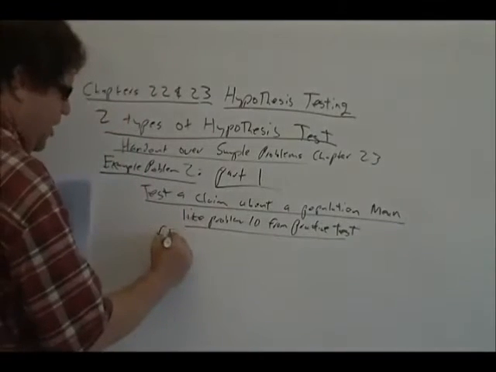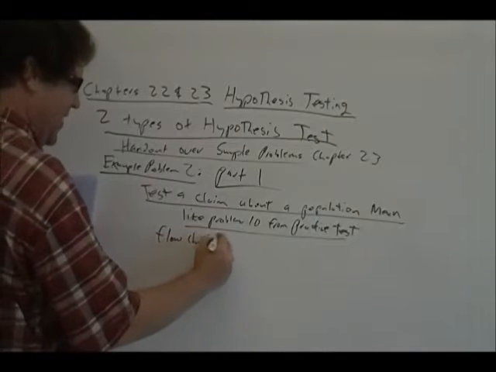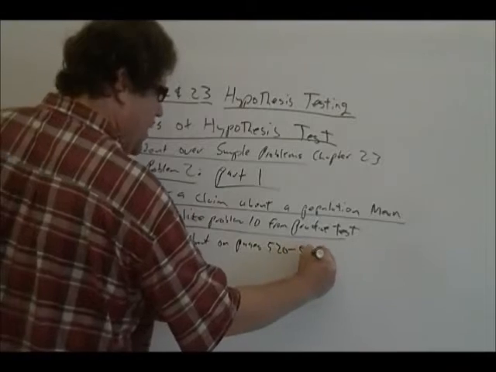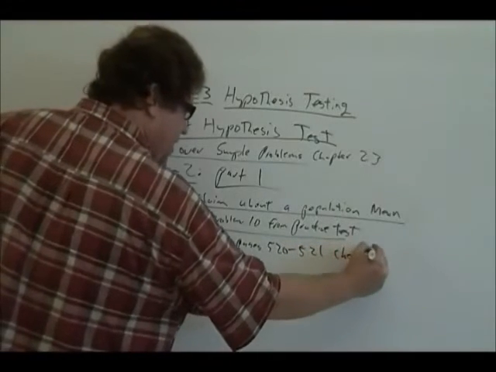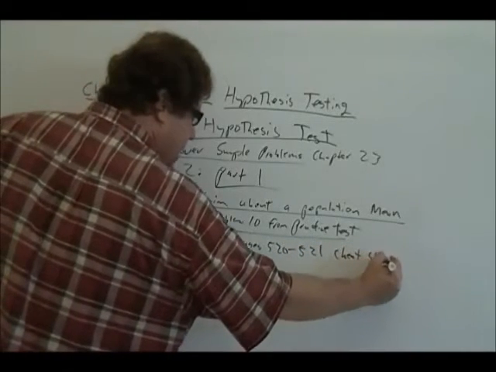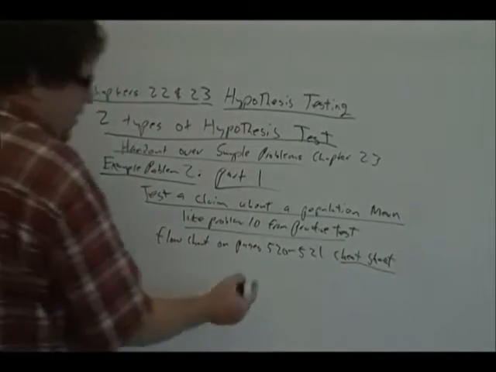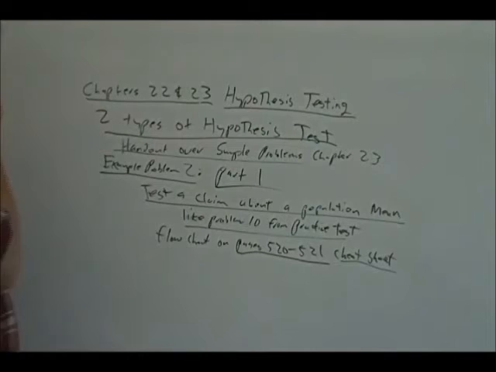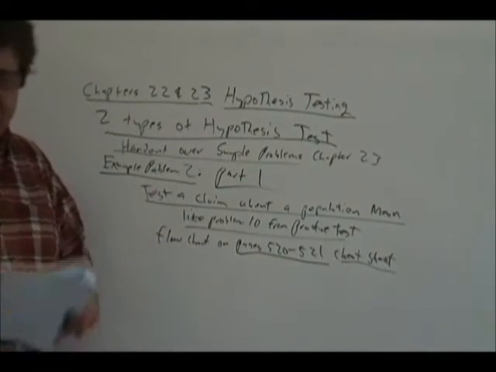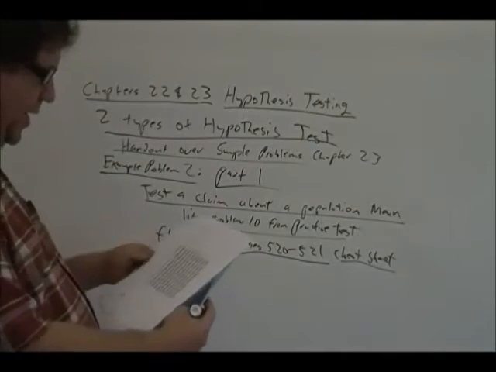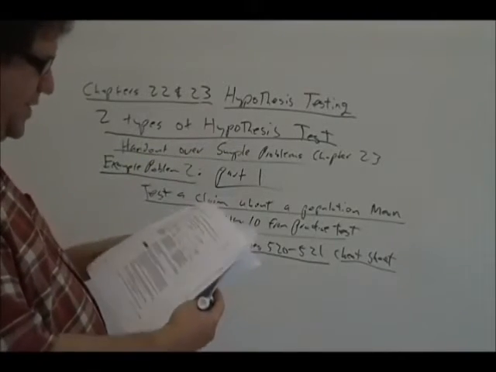Here we're going to use the flow chart on pages 520 and 521 from the cheat sheet. So you get another flow chart on your cheat sheet for this type of test. It's a 6-step process, and like I said, the only real difference is going to be in step 3. It's right after the flow chart on 545 and 546 in your cheat sheet for test 3, right before you get to table 5.